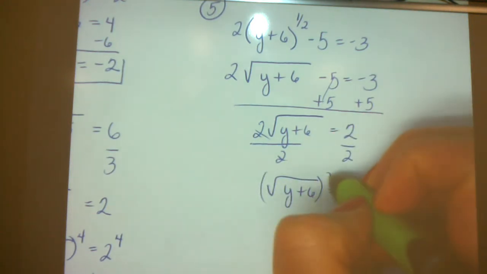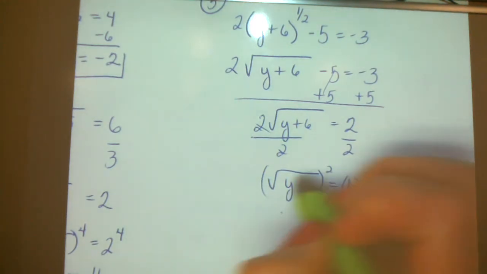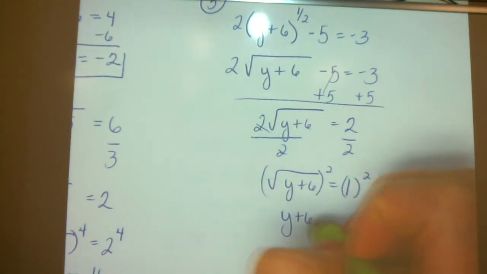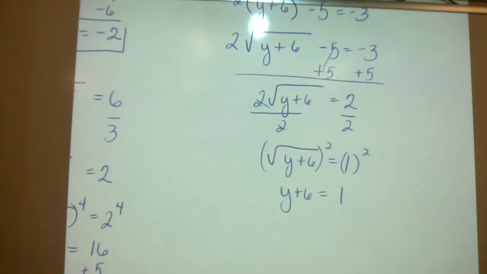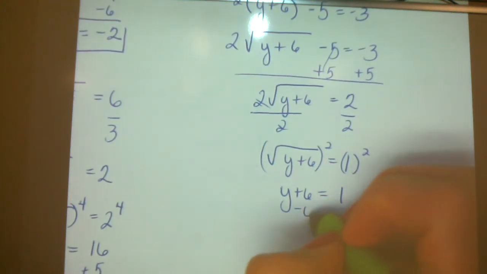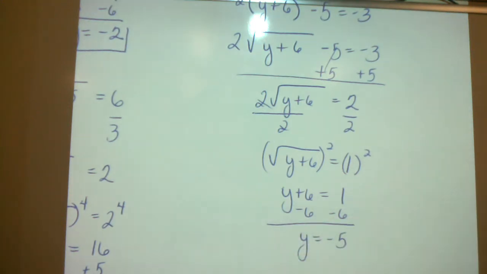I'm squaring it because that's the root. So this power cancels out with this root. I'm left with y plus 6. It's not 2. 1 squared is 1. And then I'm going to subtract 6. I'm getting y is equal to negative 5.